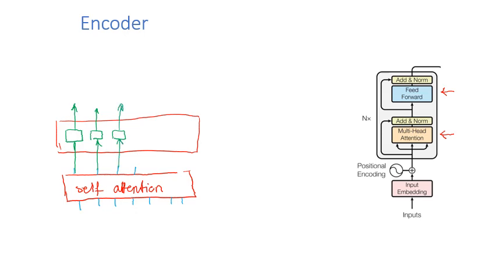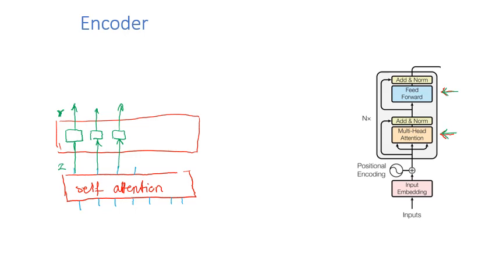But each position separately goes through a feed-forward neural network. So those are the two important layers that we have here. Okay, so the output here would be Z. Z goes inside a feed-forward neural network, and the output, I call it R.